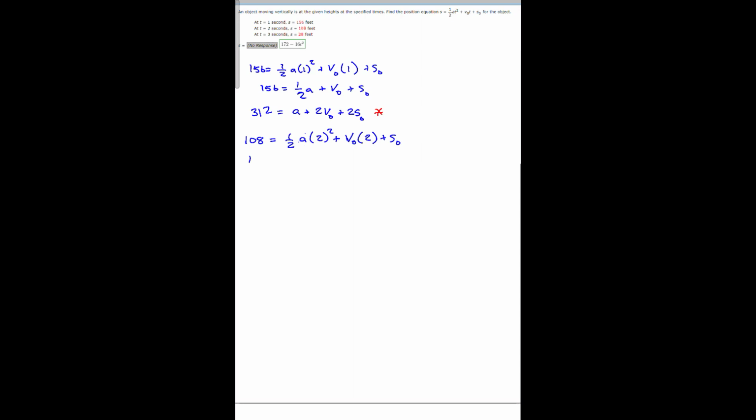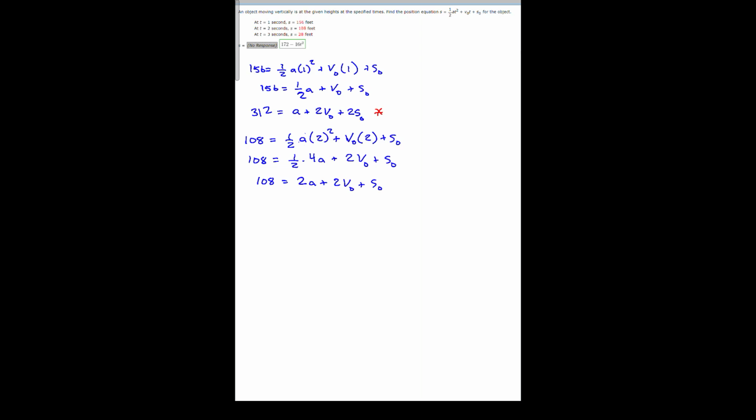So that means we'd have 108 equals 1/2 times 4a plus 2 times v naught plus s naught. When we simplify this, 1/2 times 4 gets us 2a, and then we have 2v naught plus s naught. Thankfully we don't have a fraction, so this is as far as we can go on that equation. So I'm going to star that one because we are going to come back to it.